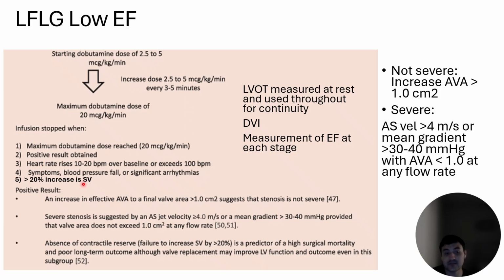Or the patient has symptoms, blood pressure falls, or significant arrhythmia. You have to stop there. And you want to see more than a 20% increase of stroke volume. Why? Because if you don't see more than a 20% increase of stroke volume, you still may have severe aortic stenosis and you may use other tools to diagnose that.